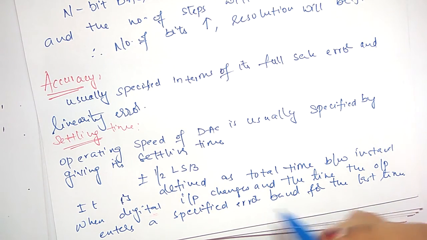And it is usually plus or minus half LSB around the final value after the change in digital input. Generally, DACs with a current output, instead of a voltage output, will have shorter settling times than those with voltage outputs.